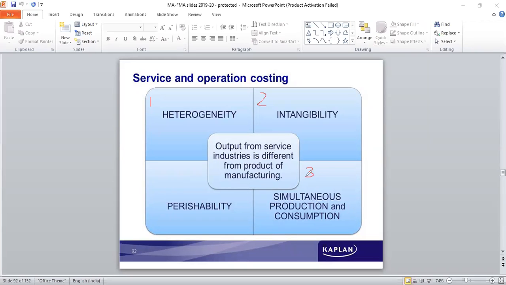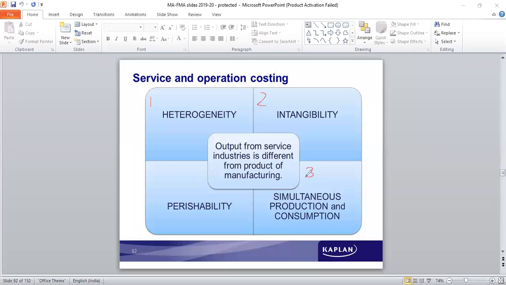No, when the facility of accommodation is provided, at the same time the client also consumes it. If there is a bus running from one location to another location, if the customer wants to avail that service, so the service is provided by the seller, by the service provider to the customer. Both of them take place at the same time, simultaneous production and consumption.